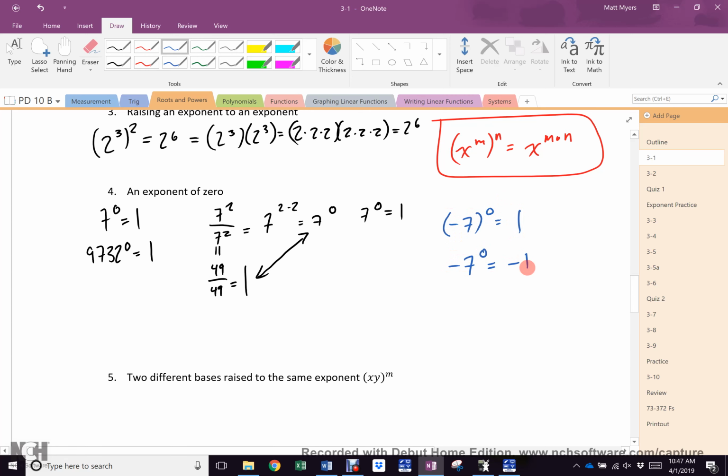Negative 1. What? Why? Because 7 is the base here. Here, the negative is part of the base. Okay? Does everybody understand that very subtle difference? If the negative's included, it's still 1. If the negative's not included, it's still 1, but it's negative. Good?